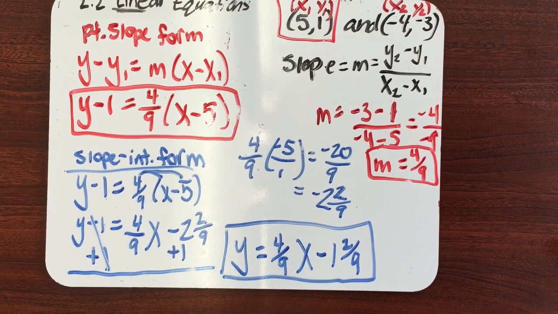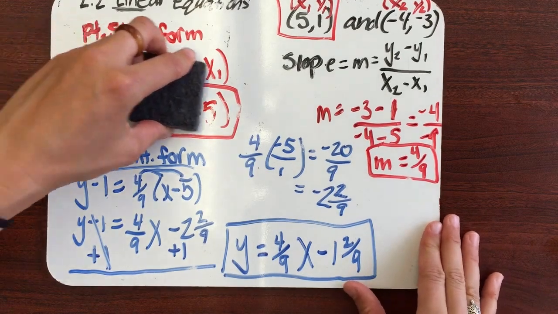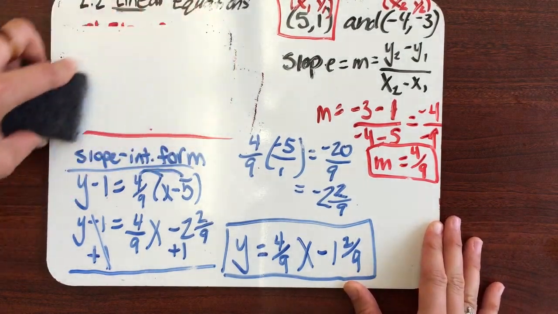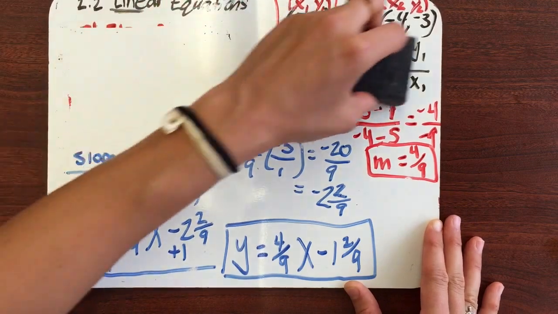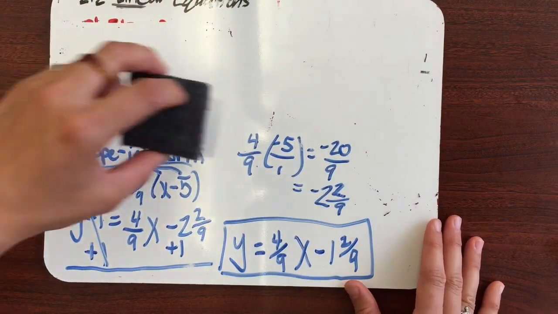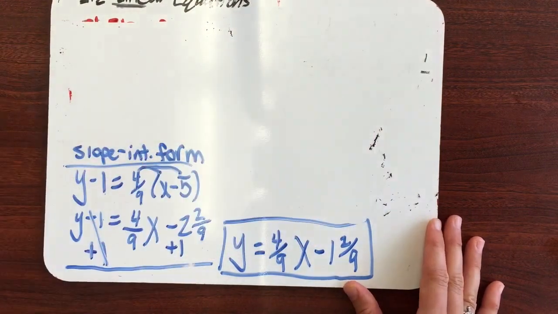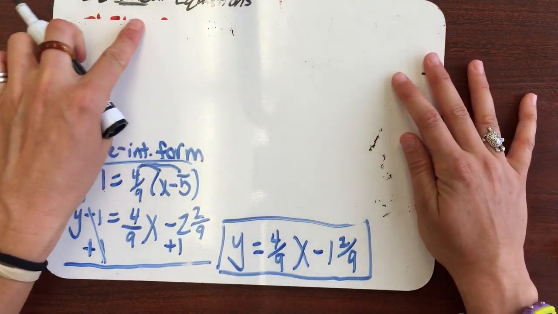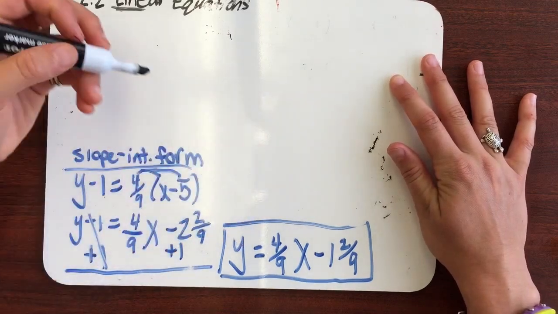And then the last form we'll do is get it into standard form, which just means to get x and y on one side, and then to write your coefficients as whole numbers. Okay, so let's take this right here.